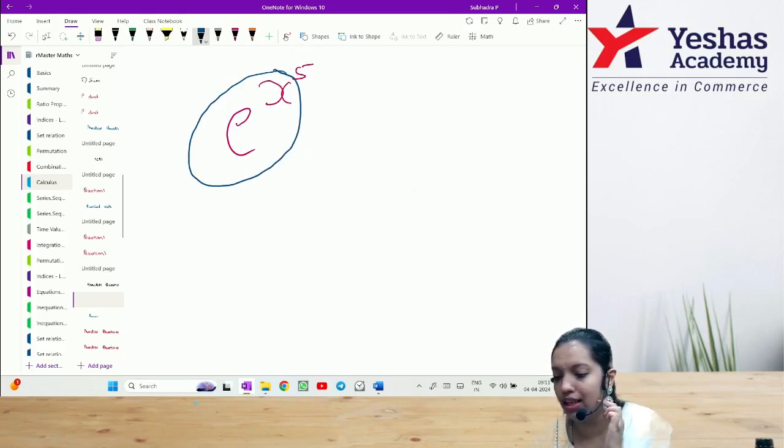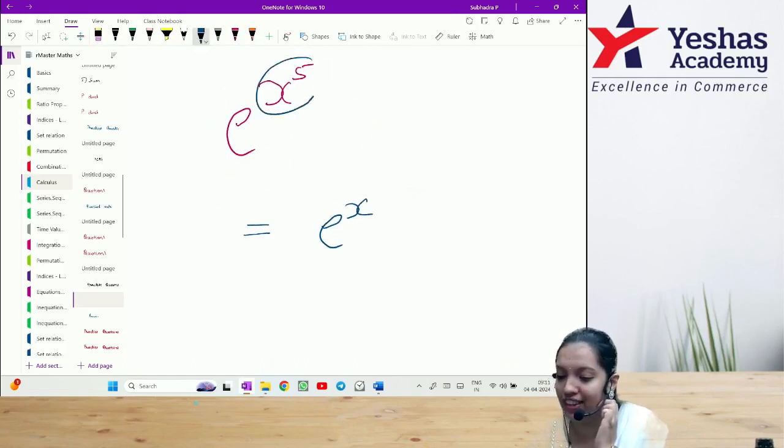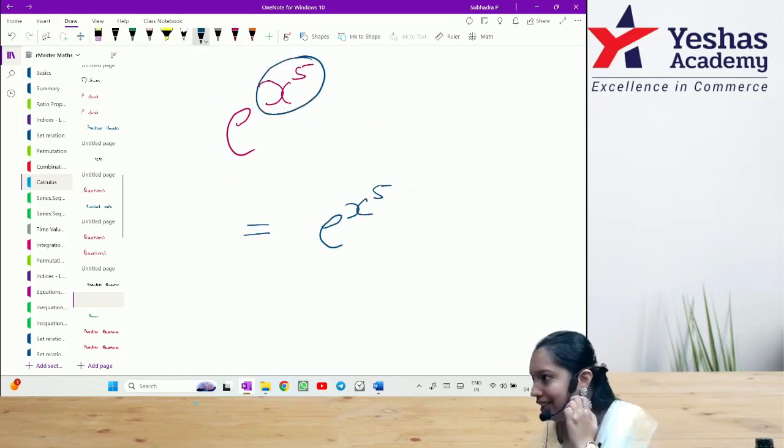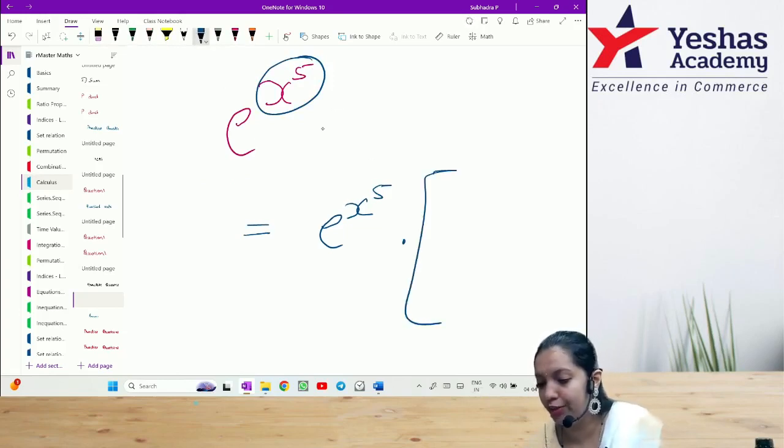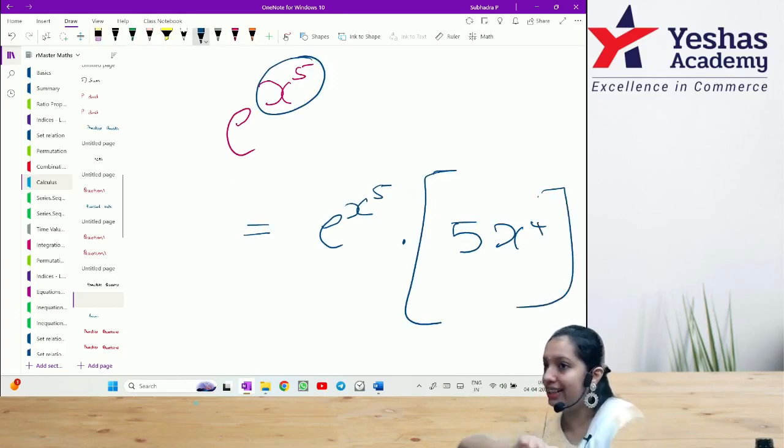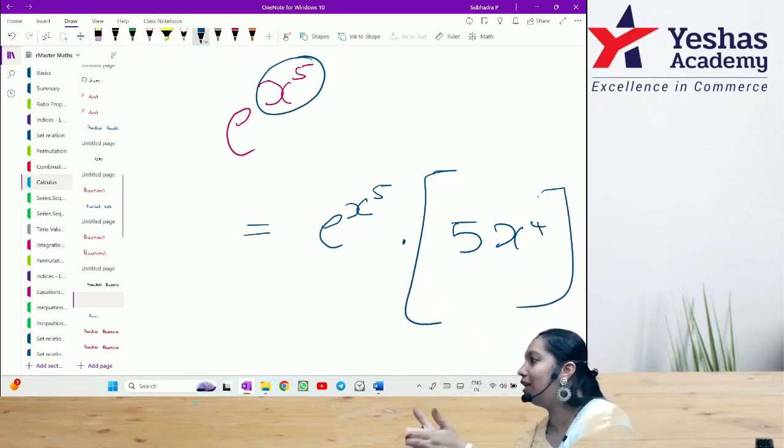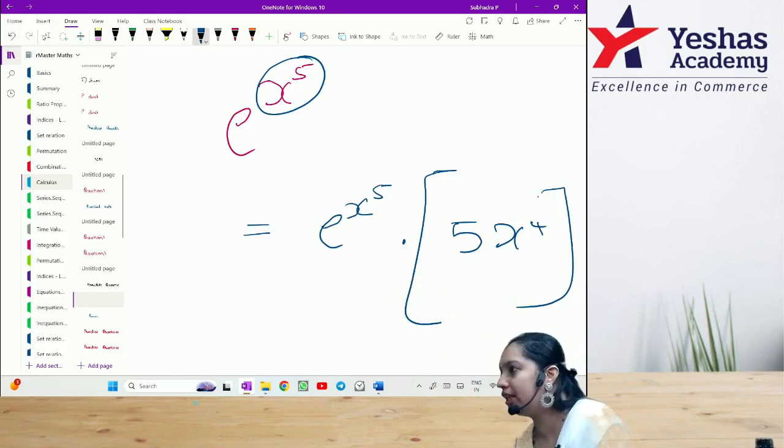First go for e power x. Its derivative is e power x, and instead of x you write x power 5, whatever is in the power. Next, find the derivative of x power 5, which is 5 into x power 4. So find each derivative and just go on multiplying the derivatives.